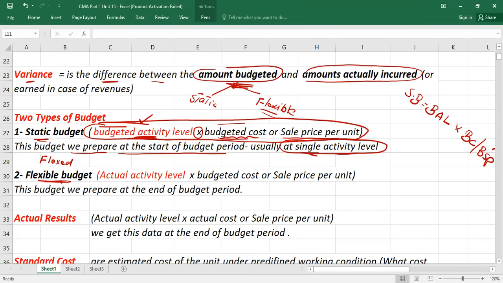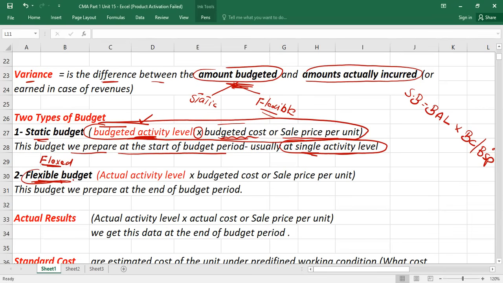In the American syllabus, it is called a flexible budget. So if you are a student of any British study, remember I'm now explaining the flexed budget. For CMA USA, you should assume it's a flexible budget.